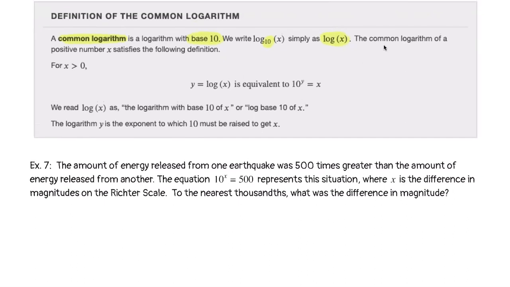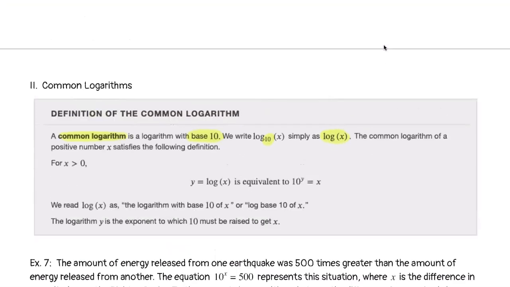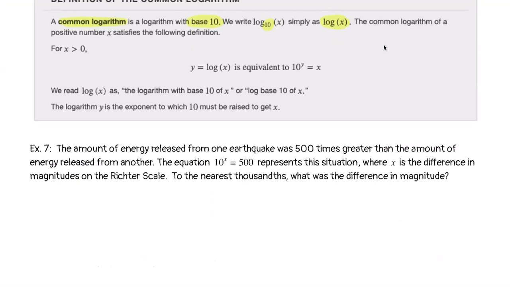Most frequently, we use common logarithms to describe earthquakes and how strong they are, okay? So let's take a look at example 7. The amount of energy released from one earthquake was 500 times greater than the amount of energy released from another. The equation 10 to the x equals 500 represents this situation, where x is the difference in magnitudes on the Richter scale.